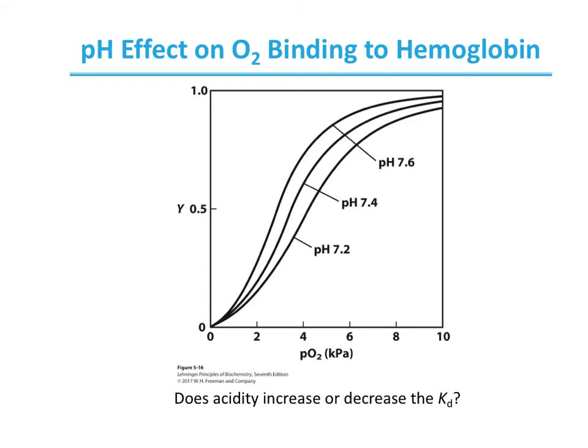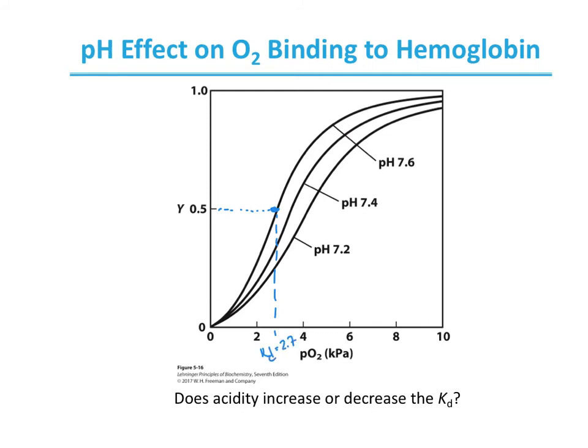Now pH also has an effect on the ability of oxygen to bind to hemoglobin. So here we have 3 different curves at 3 different pHs. So are you noticing here, does acidity increase or decrease the Kd? So again, to find the Kd for each curve, we look at the 0.5 value on each curve. So at a pH of 7.6, that Kd looks like it's maybe 2.7.